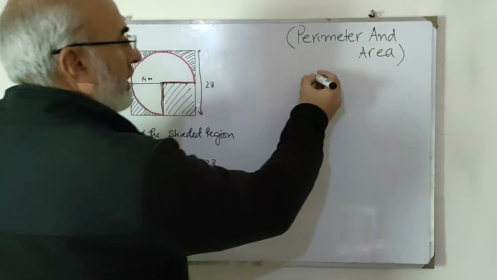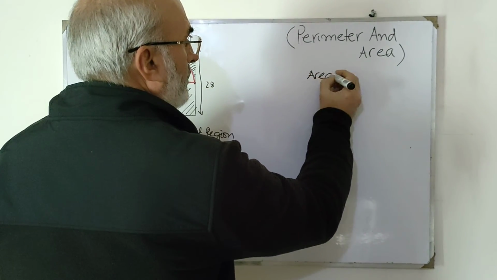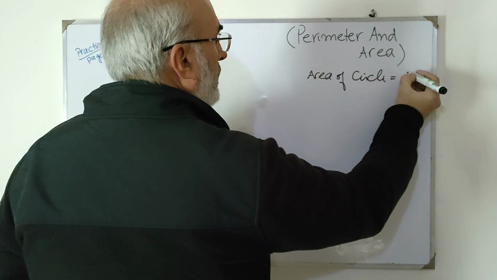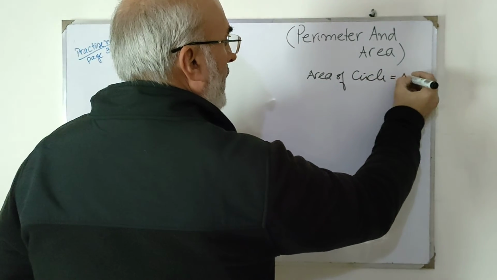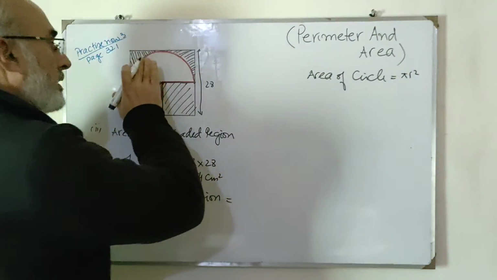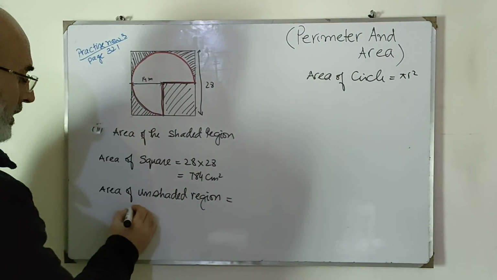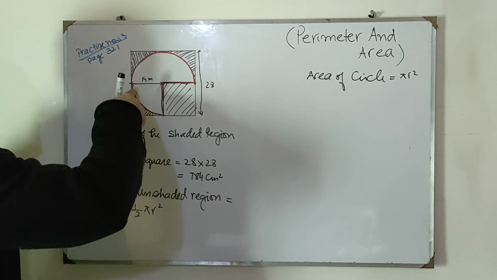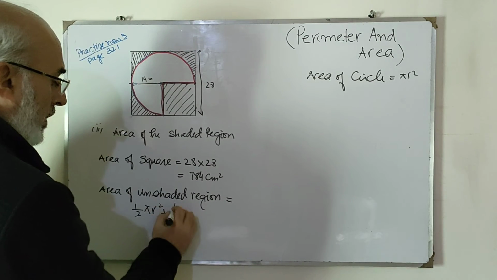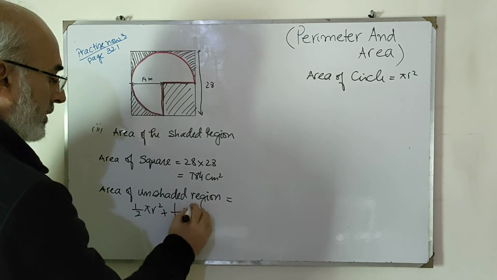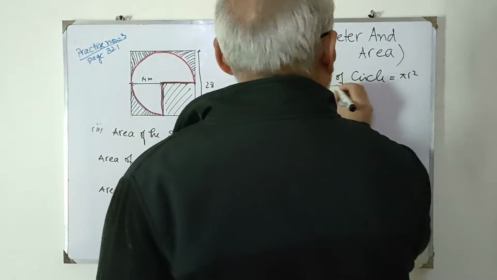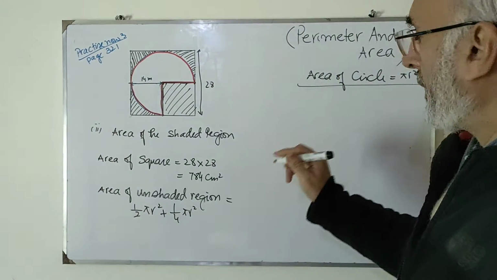The area of the circle is equal to pi r square. So the first is semicircle, so it's going to be 1 over 2 pi r square. Then it's a 1/4, so 1 over 4 pi r square. Okay, so what's going to happen now?